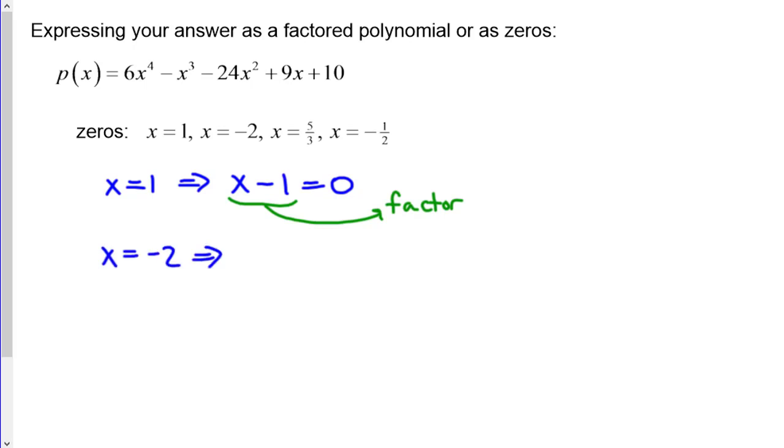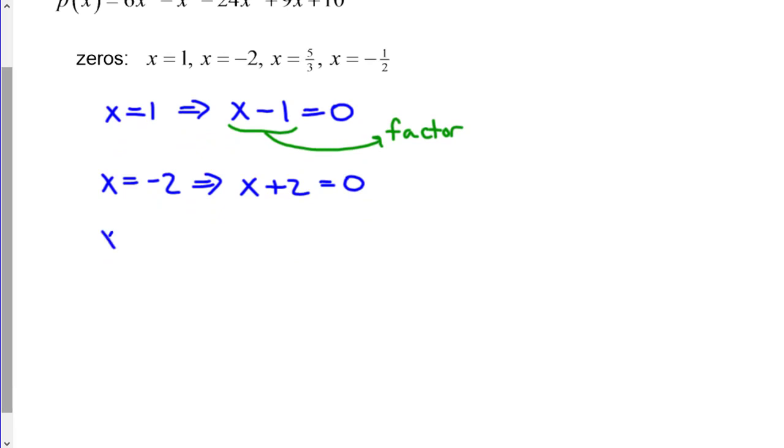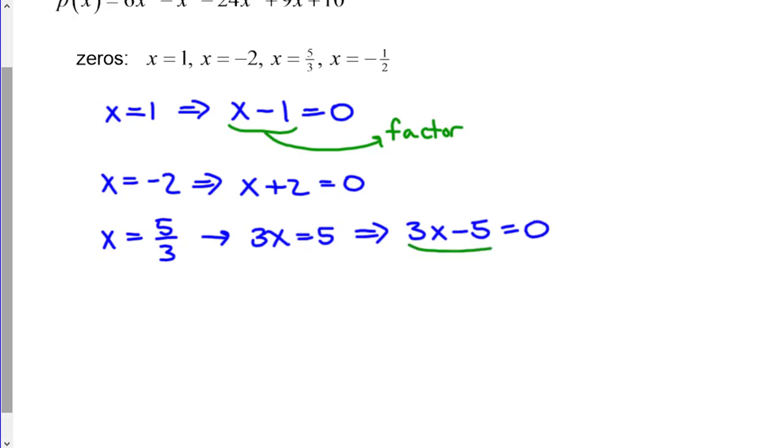So like here, if I add 2 to both sides, x plus 2 equals 0 is what I get, and x plus 2 is my factor. It gets a little bit trickier when fractions are involved, but it still isn't too bad. So if x equals 5/3, start off multiplying both sides by 3. So 3x equals 5, and then bring the 5 over. So 3x minus 5 equals 0. So here's my factor there. So this was my factor, x plus 2, another factor, 3x minus 5.